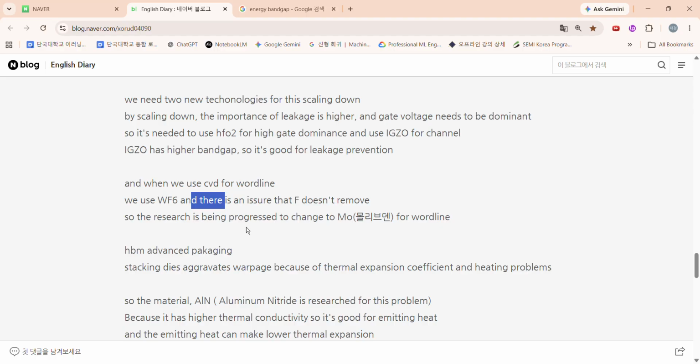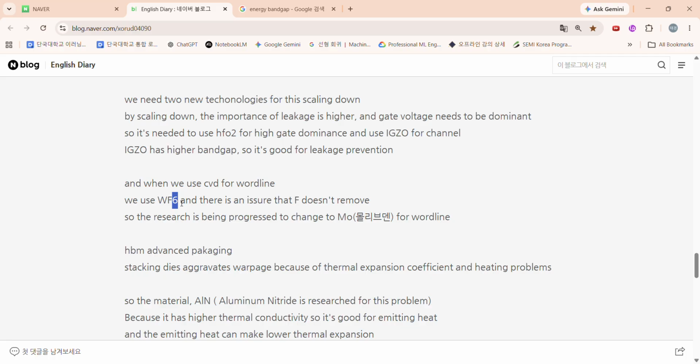When we put in WF6 gas and chemically react it, the purpose is just making tungsten, W, only, but this fluorine is not volatile to the air.